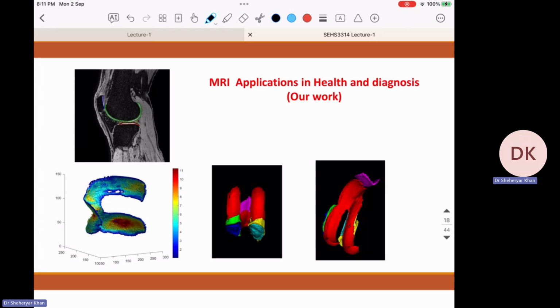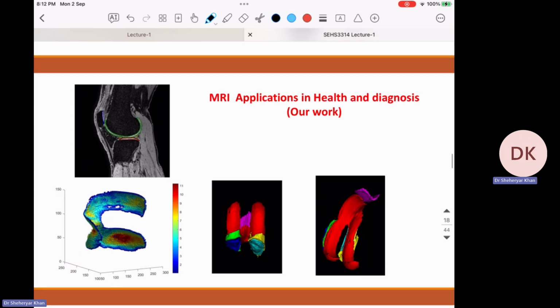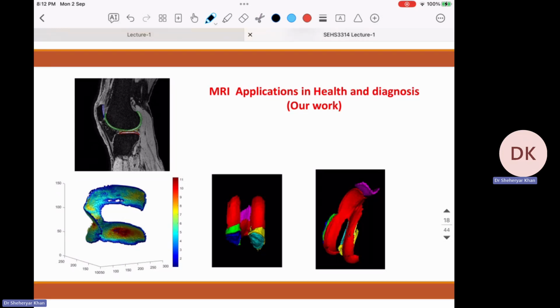So that was the simulation from the MRI. So let's look at our own work. This is something we are actually doing here at CPC. This is our project, because we are not doing work on acquisition of MRI. We actually try to understand what's inside the MRI.